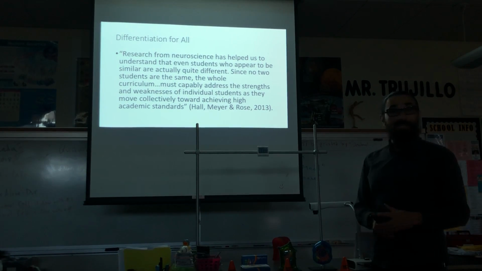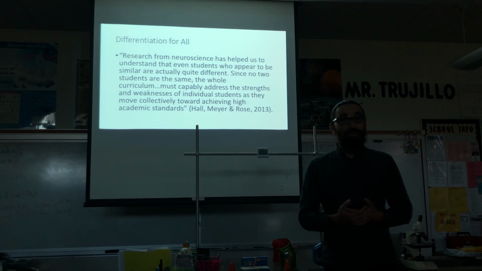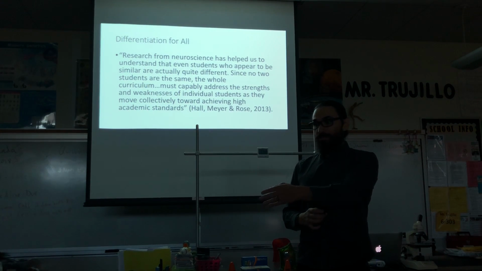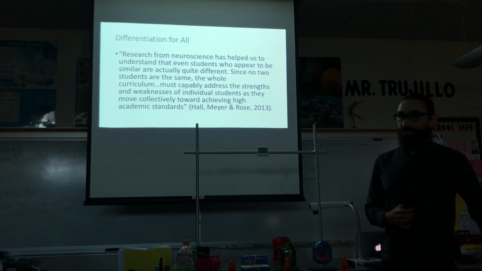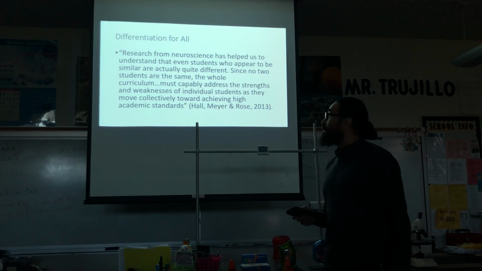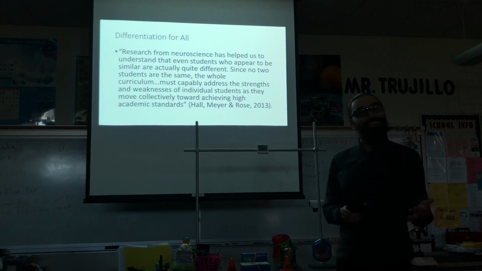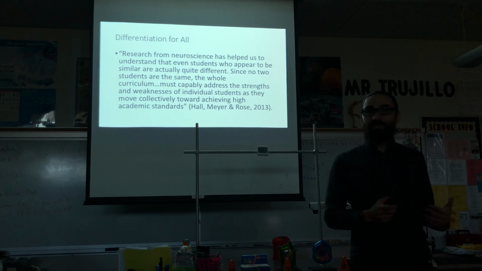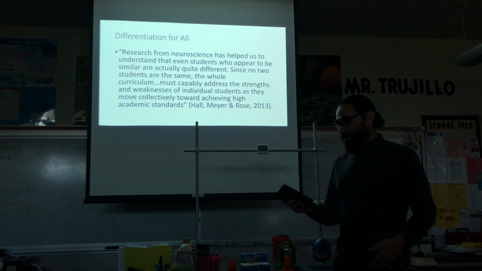So basically what that means is if you are implementing UDL appropriately, you should be able to meet the needs of your gifted to SPED to English learner to any student. So that's ultimately the goal of UDL, that it works for all. Because there is no one-size-fits-all student, there is no average student. But the problem is a lot of us design our curriculum for an average student, and there really is no such thing.